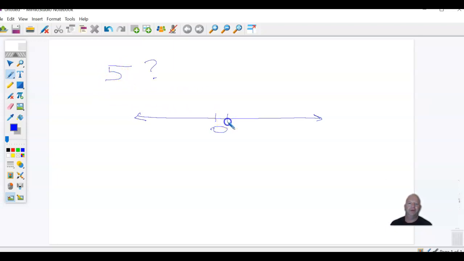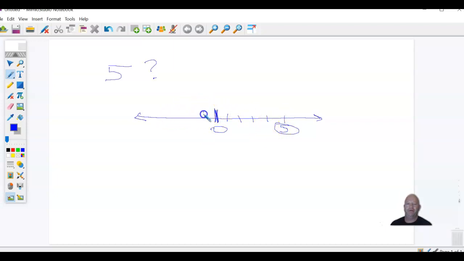Well, if we count, and this is 0, I'm going to make that a little bit larger. So then we'd have 1, 2, 3, 4, 5. So this is 5. The opposite of this number 5 is a number that is the same distance from 0, only on the other side of 0.